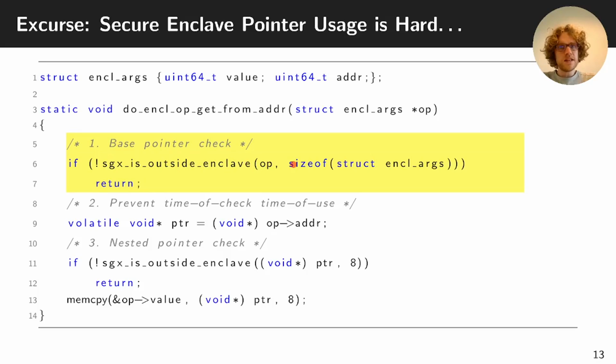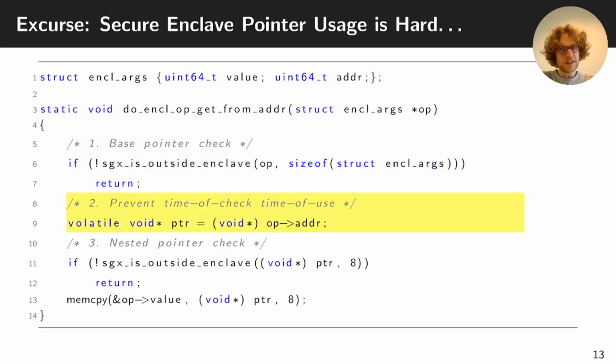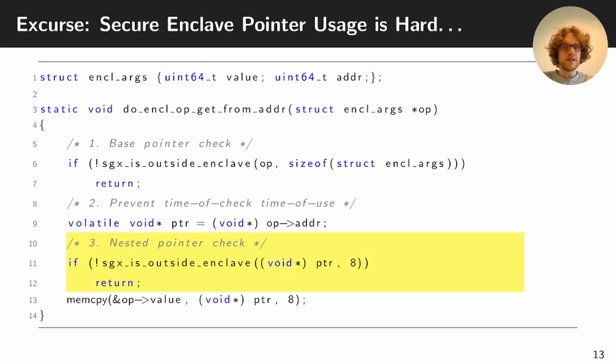That already means that you have to deal with pointer arithmetics, which can be quite tricky to do in practice as well, as we found out using our tool. The second thing that you would have to do when you deal with nested pointers, it becomes more complicated because you have to copy them inside the enclave to prevent time of check to time of use before finally checking that they too lie outside the enclave.